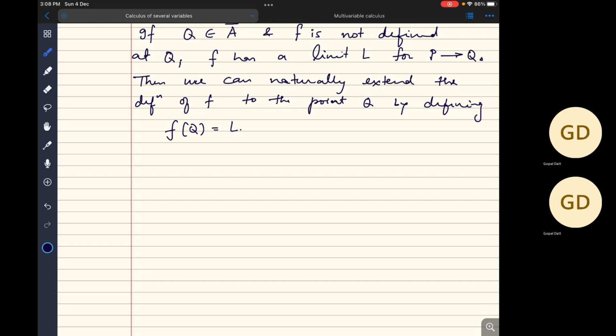So we will see this by an example. So whatever I said, let me write that.